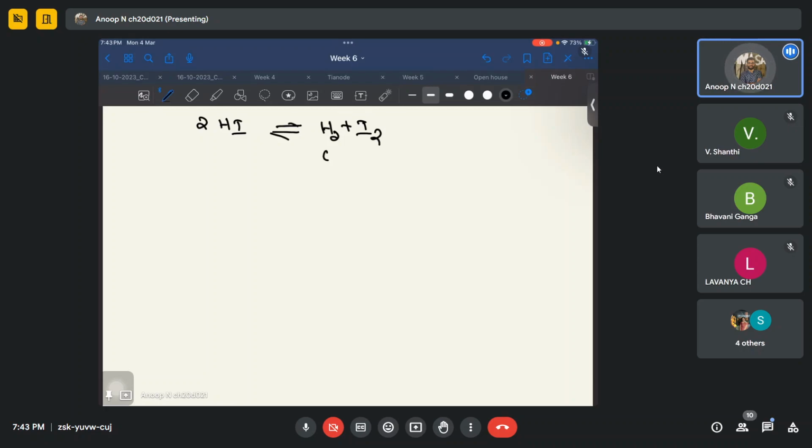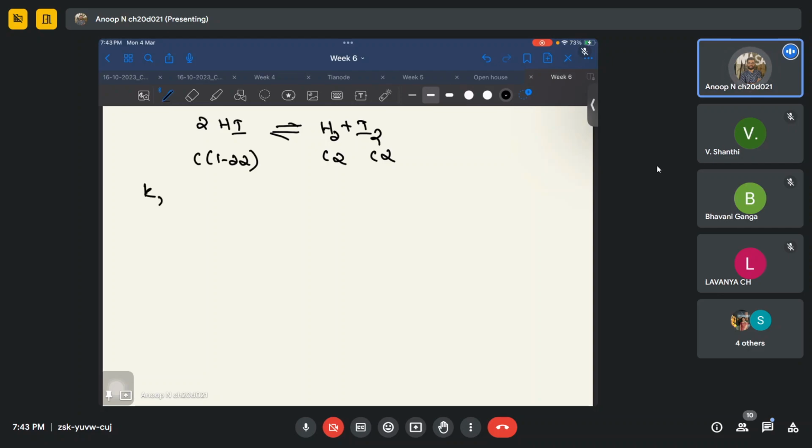So suppose the change in concentration is C alpha, and here also C alpha. What will be the change in concentration here? This is the tricky part. So here it is C into 1 minus 2 alpha.